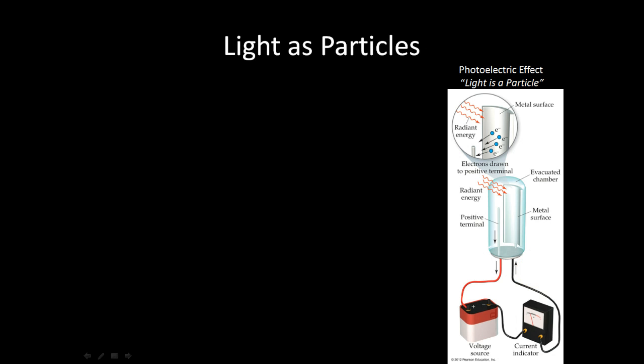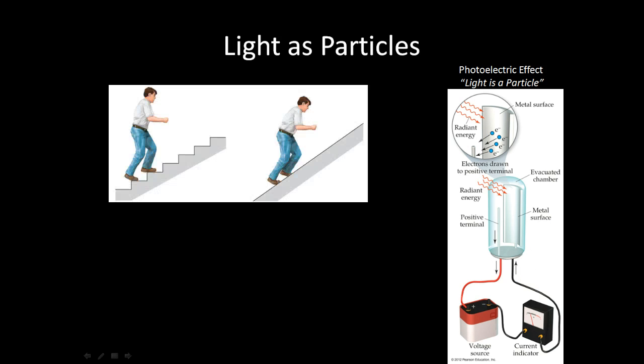Since light has particle effects, light particles themselves are what are considered quantized. That is, instead of being a continuous set of light, where there's any frequency the light can have, it's actually got only certain frequencies that are allowed for any given bit of light.